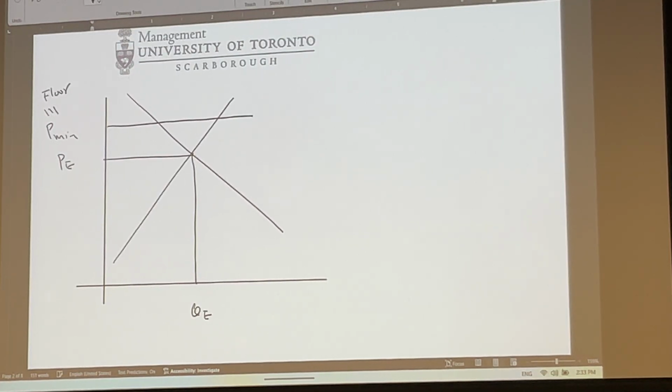You cannot charge less than that. What happens then? That would be the demand. What is the supply then? Well, the supplier wants to produce this. That's what the supplier wants to do. Make sense? Okay.